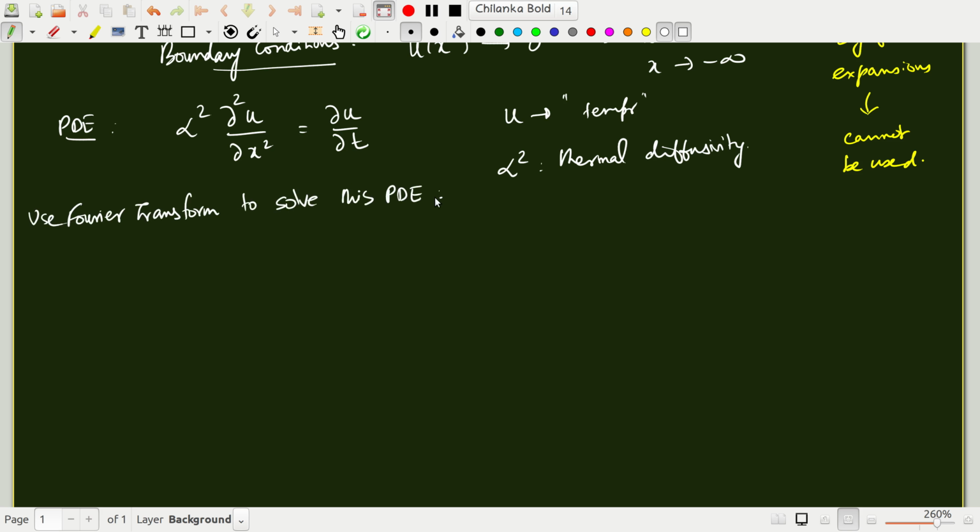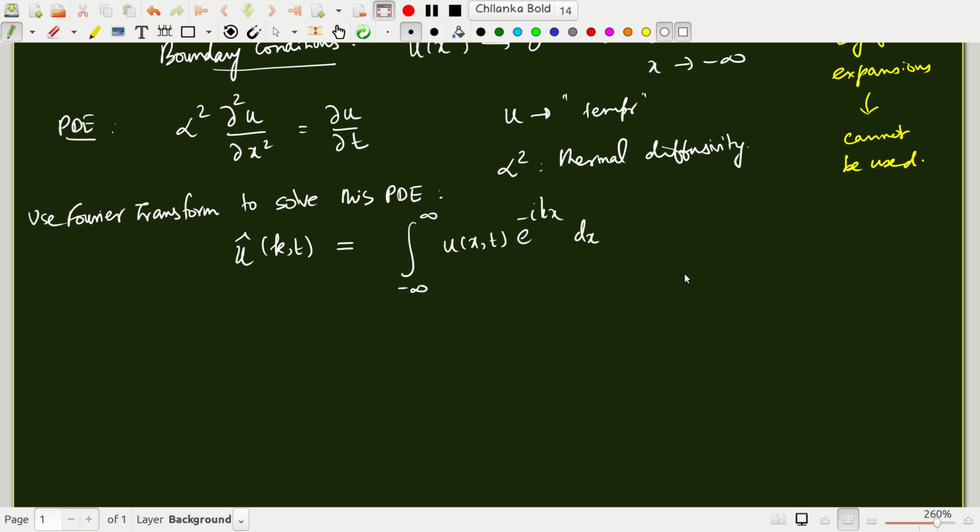So now what we need to do is, the definition of Fourier transform is u tilde of k, t is nothing but the integral from minus infinity to infinity of u of x, t e to the minus i k x dx.